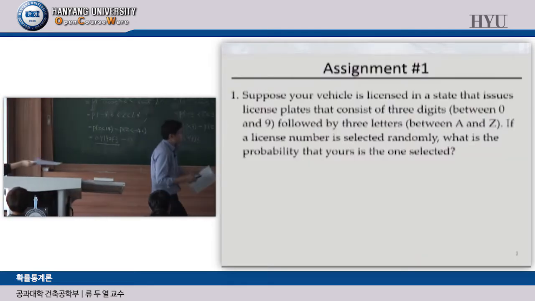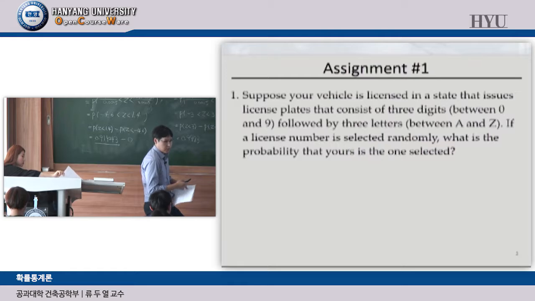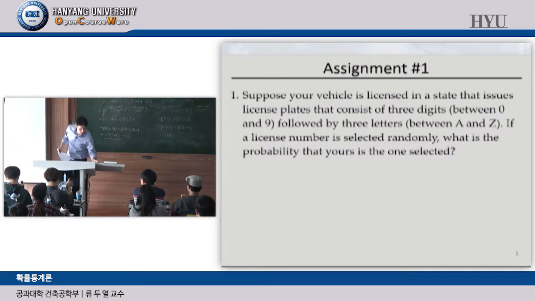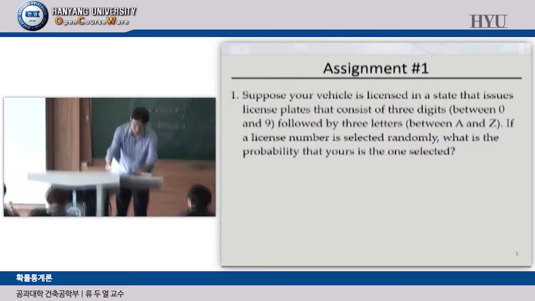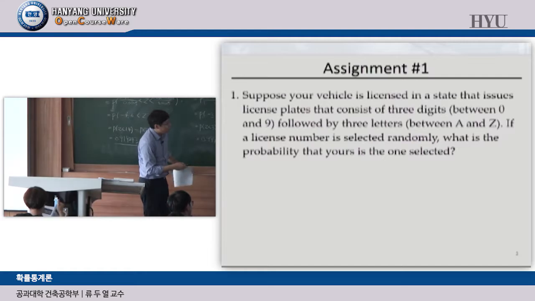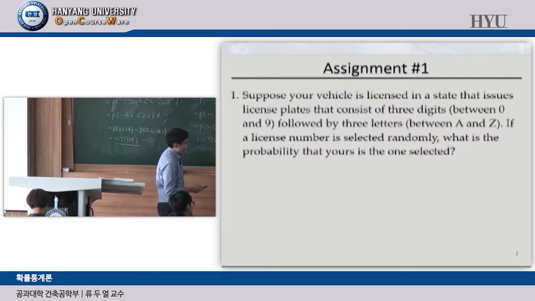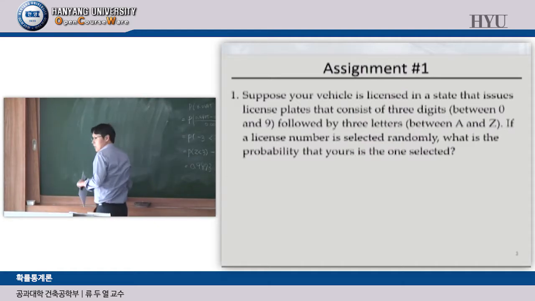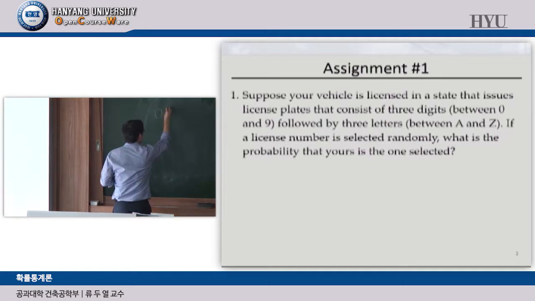So this is assignment number 1, and this is the first question. Suppose your vehicle is licensed in a state that issues license plates that consist of three digits between 0 and 9 followed by 3 letters between A and Z. In this case, we first have 3 digits.